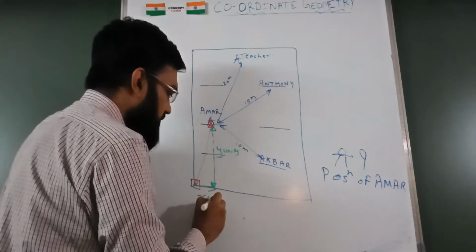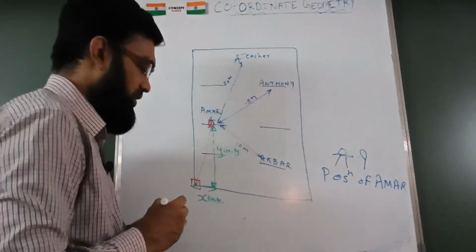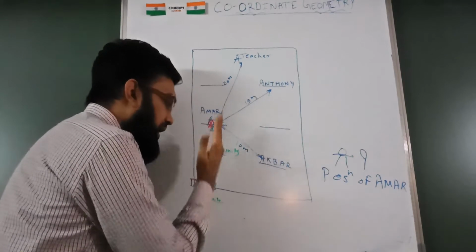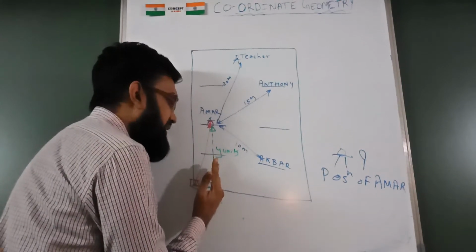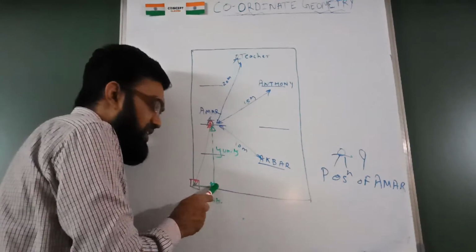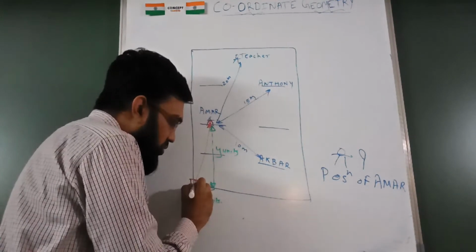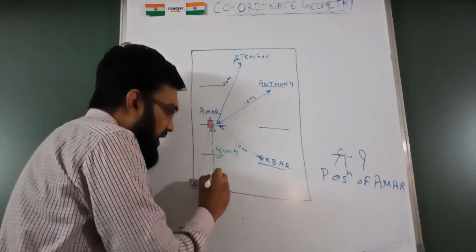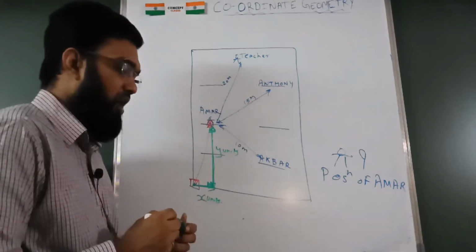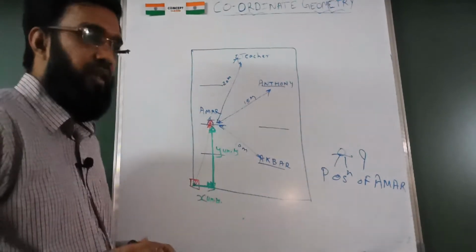So this is another way to define the position. I am choosing two directions, one this direction, horizontal, and second one is the 90 degree perpendicular direction, vertical. So I move x units in this direction from the fixed point, and then up I move by y units and I reach Amar. So Amar describes in a different way.